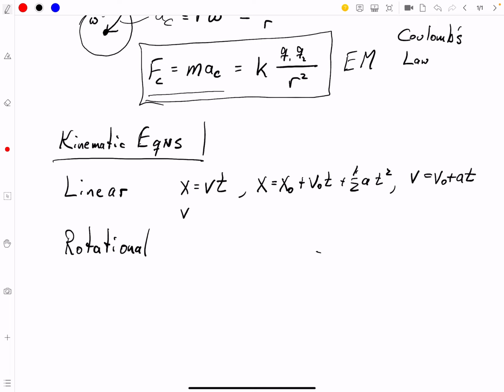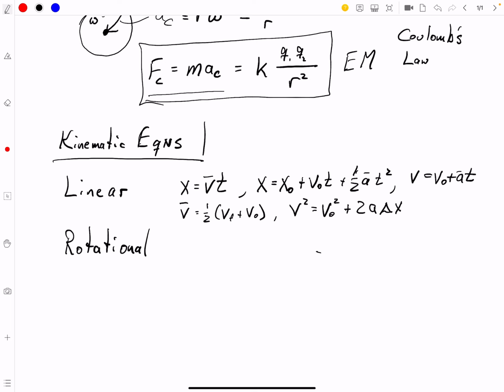We had our average velocity is equal to 1/2 v final plus v initial, and these are all average things. We also had v squared is equal to v naught squared plus 2 times our acceleration times the distance delta x.